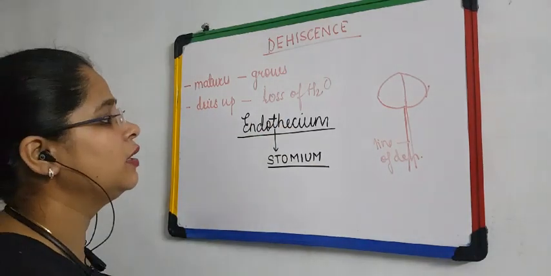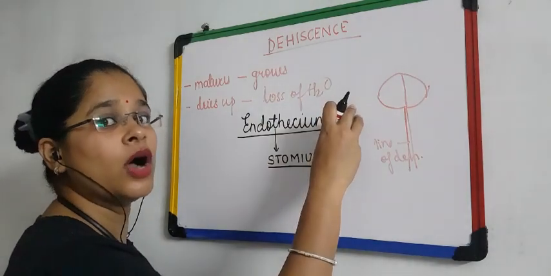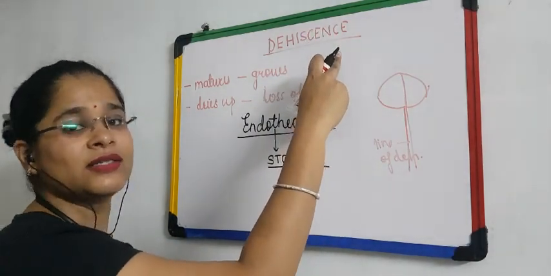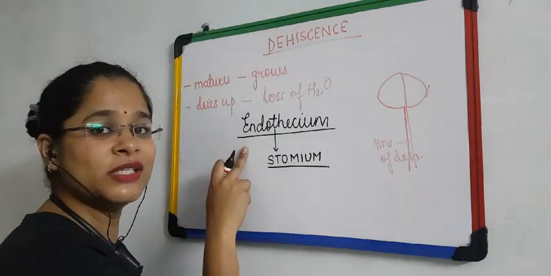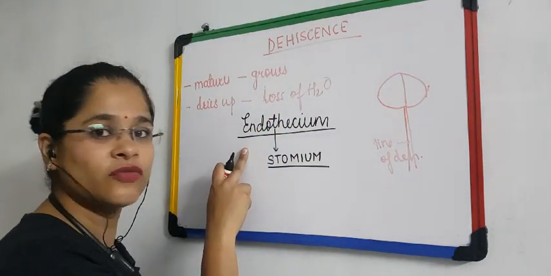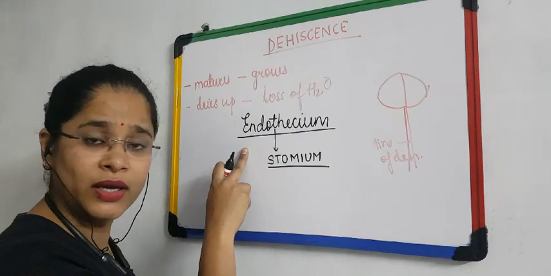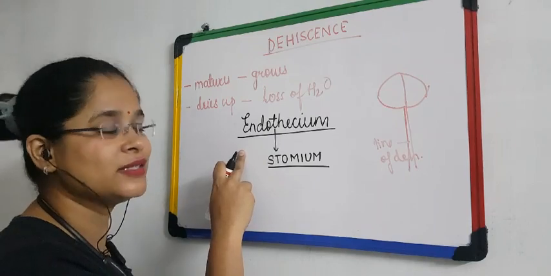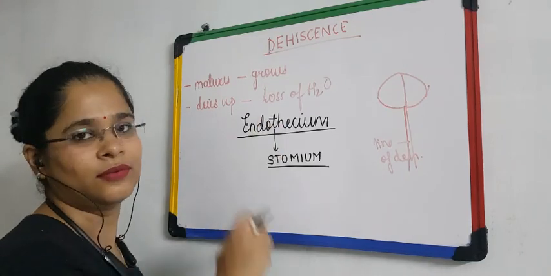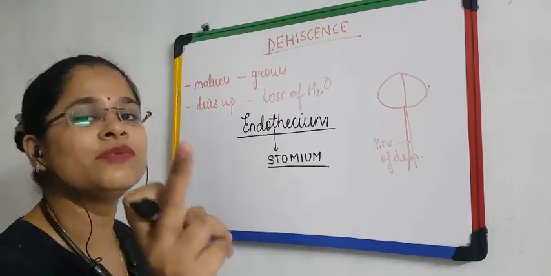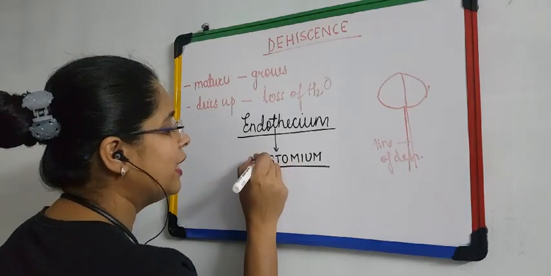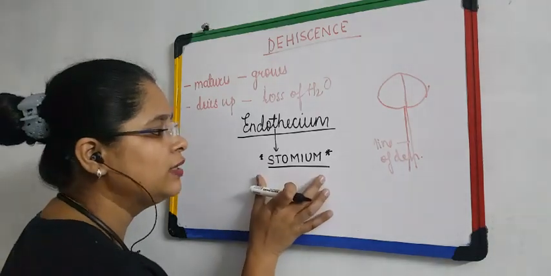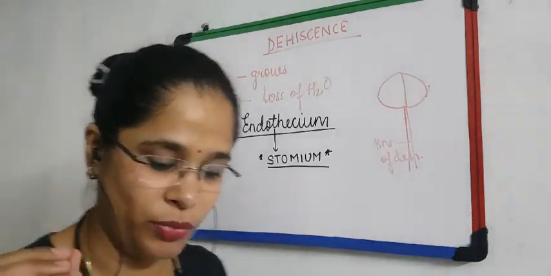Again I am repeating, this endothecium now comes into play because its major function lies here, that is dehiscence. Endothecial cells are already dead because of the cellulosic thickenings, right? Now this endothecium is absent at some places in the anther. Wherever it is absent, those create small pores or stomas, and we call those places stomium.